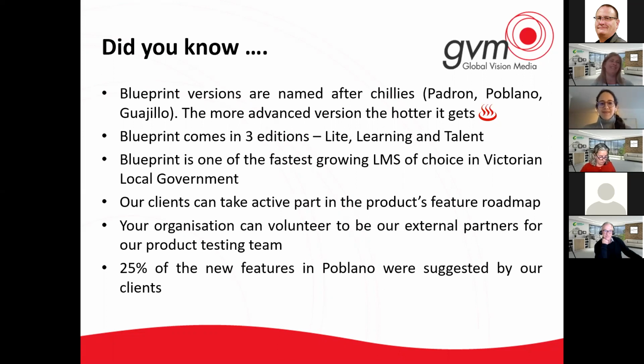So I think we are targeting towards ghost pepper or something like that, which is the hottest of them. Also, Blueprint comes in 3 editions: Lite, Learning, and Talent. Today we will be going through the features that are available in the Lite for Poblano, new features rather.